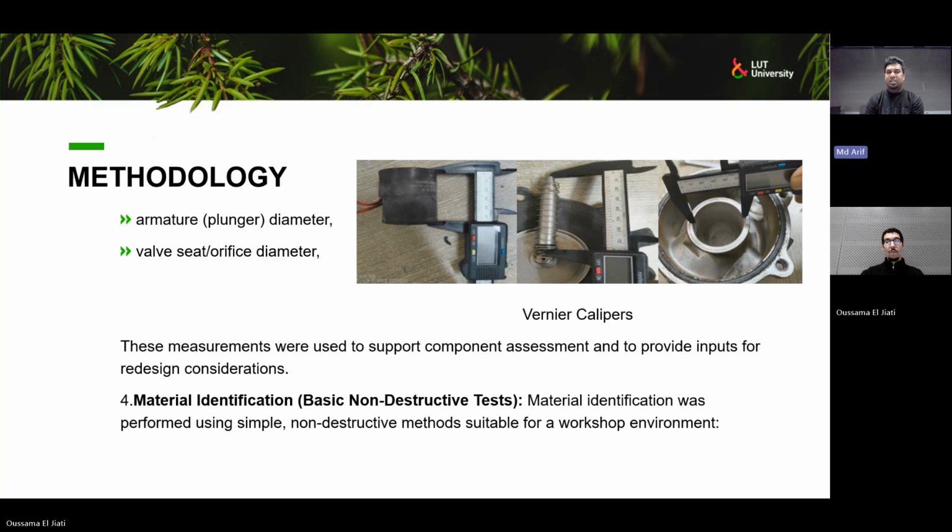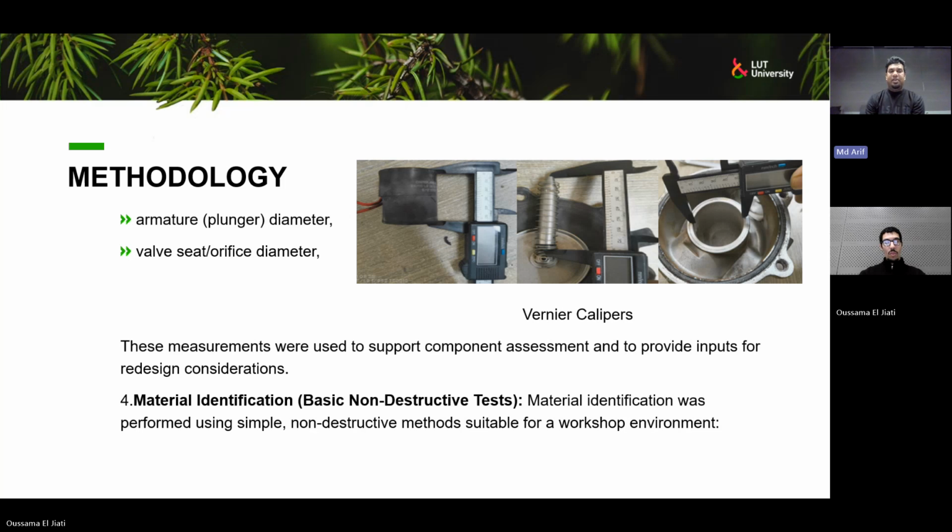We measured key dimensions using digital vernier calipers. The critical measurements include armature diameter and valve seat or orifice diameter. These measurements support our component assessment, and they become inputs for redesign decisions.